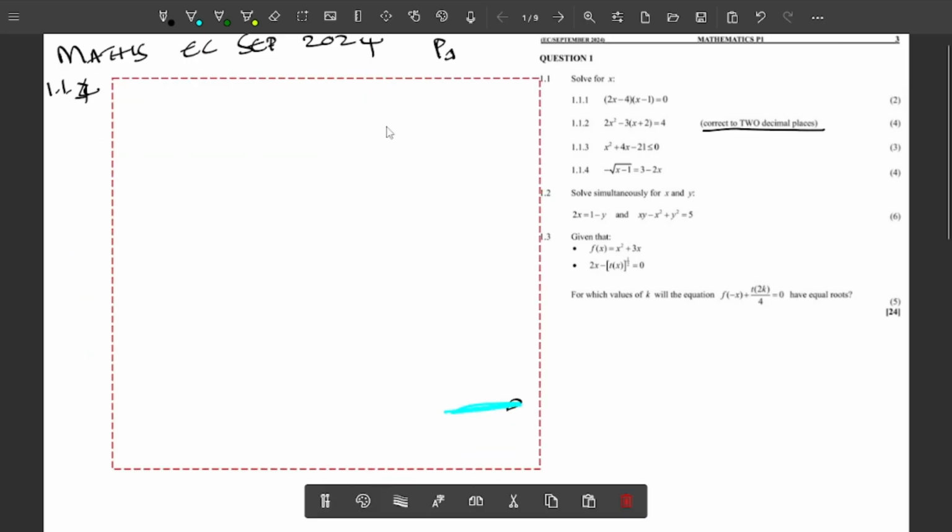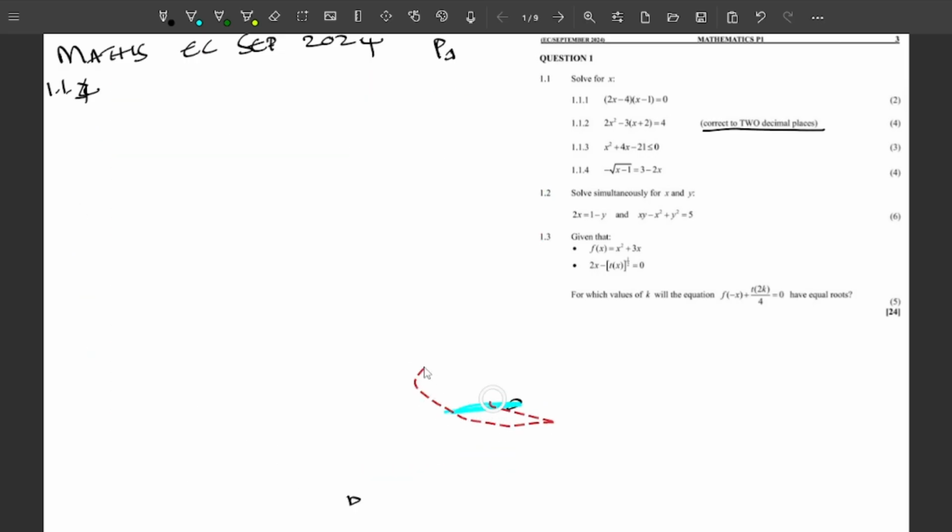Now moving on to the next question, which is 1.2, simultaneous.